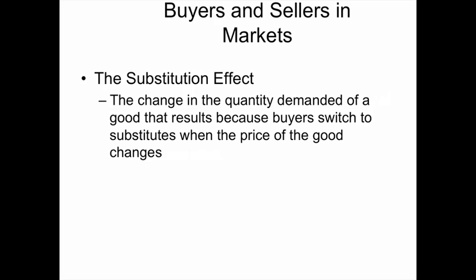So the cheaper good is going to be demanded more. In the example, the price of tea falls, so the substitution effect is that people will drink less coffee and buy more tea.